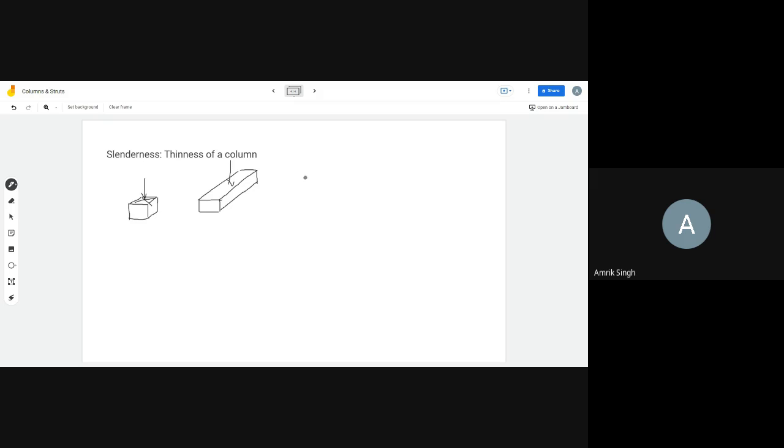Similarly, suppose it is a circular one and smaller in height. It will be like this. The load will be here, or it is an I beam.